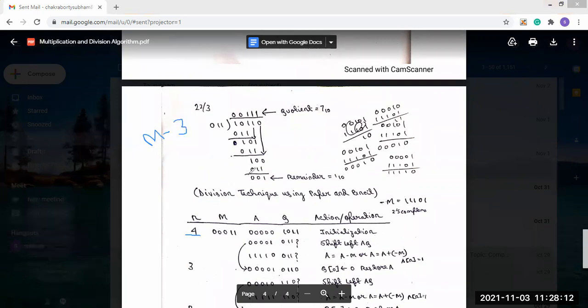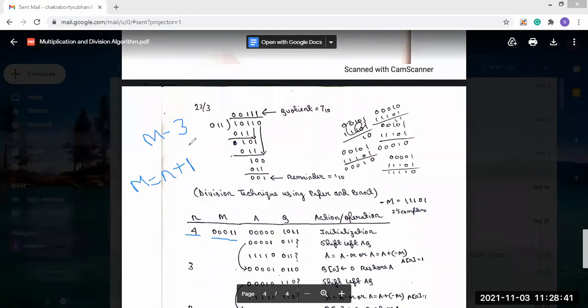M is 3. Now to represent m, we have to use n plus 1 bits. That's why to represent m, we use 5 bits.